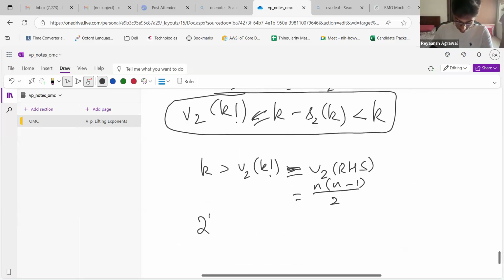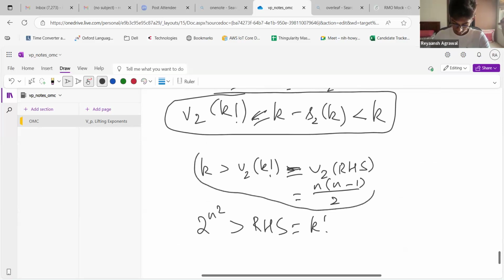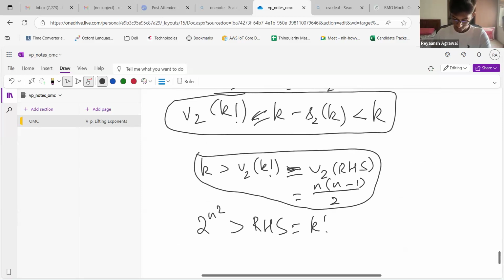Exactly. So 2 power n square is greater than the RHS, right? And the RHS is equal to k factorial. And k is greater than n into n minus 1 by 2. How do we use this bound now? How do we compare k factorial with something based on k being greater than this thing?